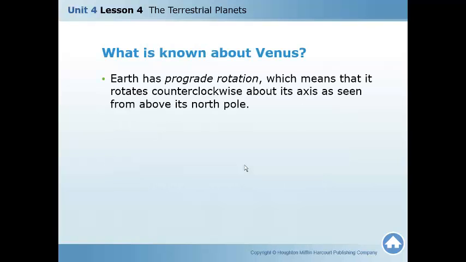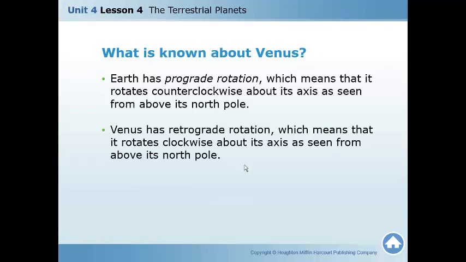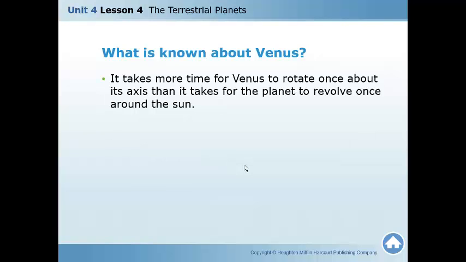Earth has a prograde rotation, which means that it rotates counterclockwise about its axis, as seen from above the North Pole. That's called prograde. And Venus has what we call a retrograde rotation, which means that it rotates clockwise about its axis, as seen above its North Pole. So their rotation is in different directions.